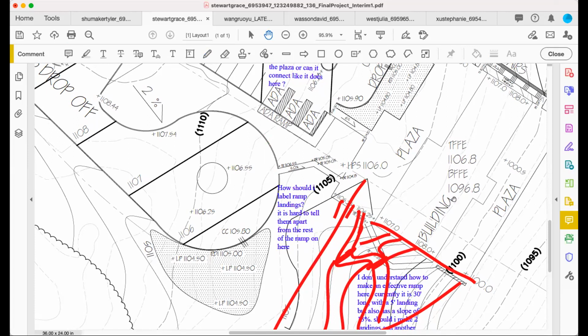I would not recommend this design because this limits that everybody needs to get off the bus right there, or they would need to stand in the driveway and wait until they can get to, if it's an ADA situation. So I would do the ramp something like that, to enable a lot of people to be dropped off from a bus and then connect to your plaza. That's that.